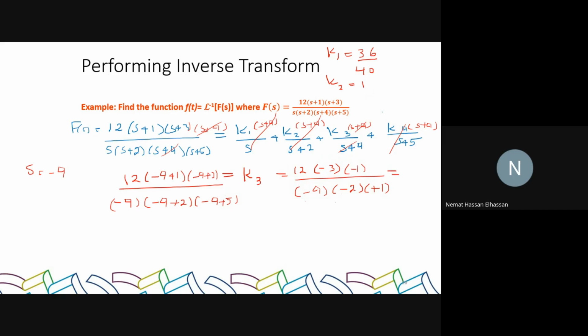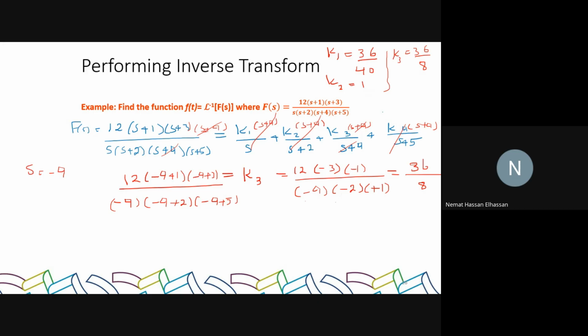So 12 times negative 3 times negative 1 is 36, and minus 4 times minus 2 times 1 is 8, so K3 is 36 over 8.